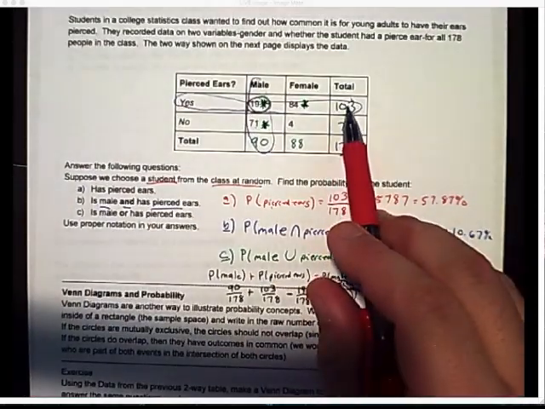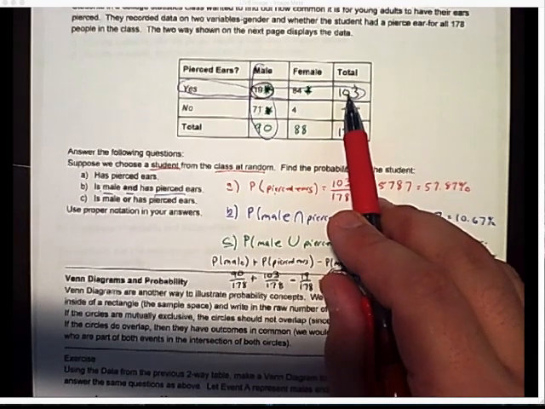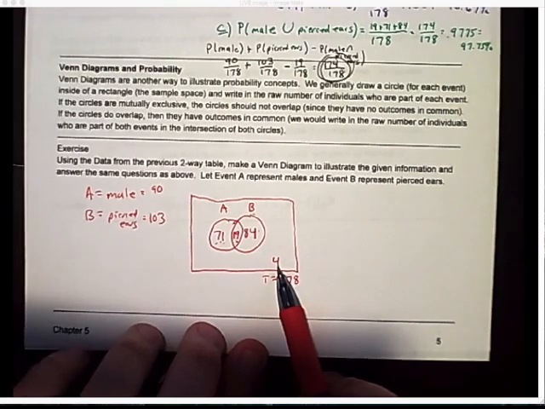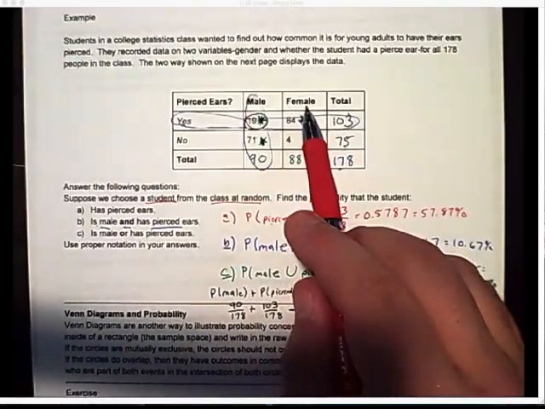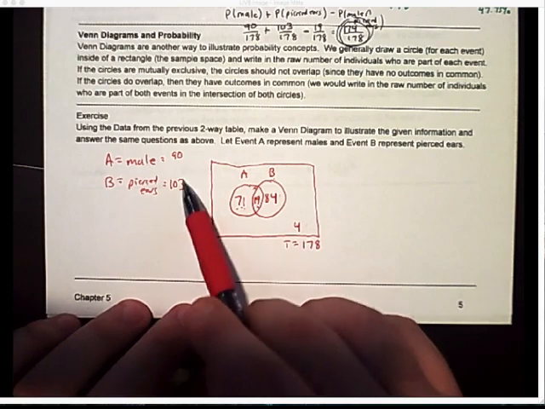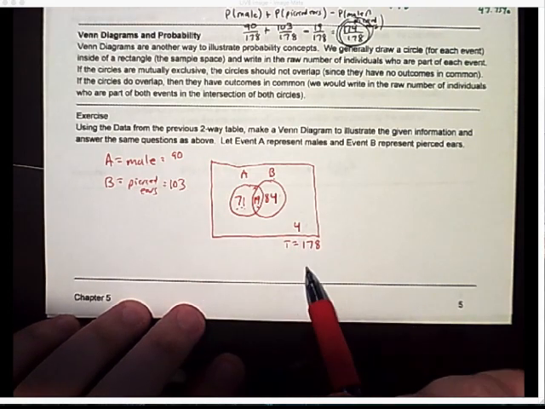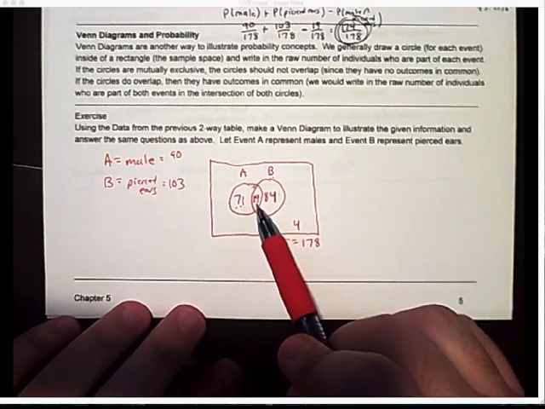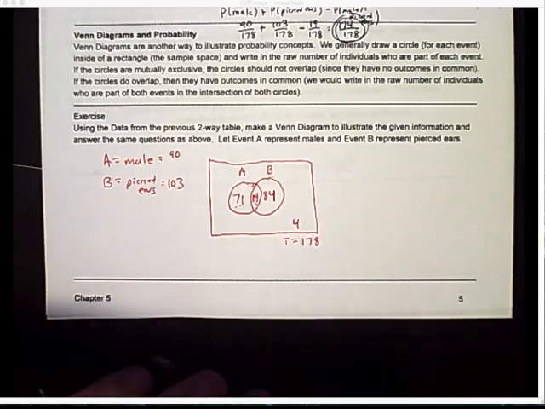Yep. Okay. Outside, are there 4 people that said no to pierced ears and are not male? So not male would be over here, and no would be 4. All right. And does 90 plus 103 plus 4, subtract out the 19, give you 178?